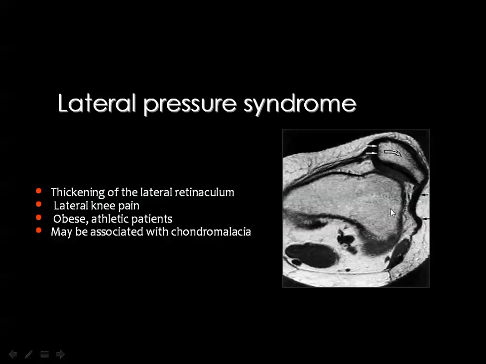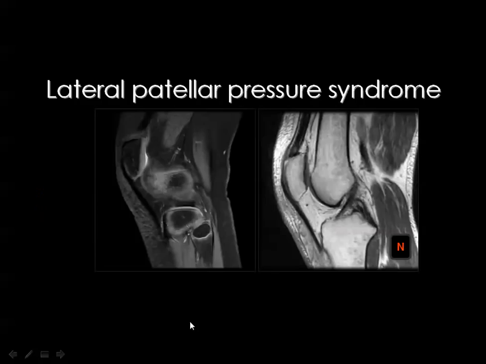In the axial images, normally you see the patella fitting within the intercondylar notch of the femur. But in cases of lateral pressure syndrome, you see the patella is displaced laterally, as you can see in this particular example. And sometimes you can appreciate this in the sagittal images.